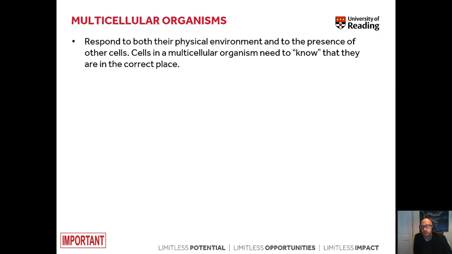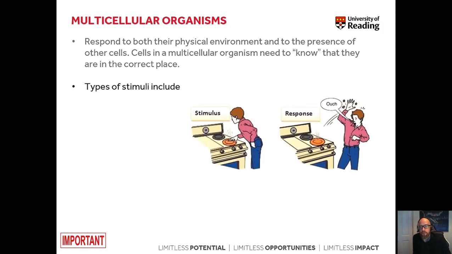So multicellular organisms respond to both the physical environment and also to the presence of other cells. The cells within such multicellular organisms need to know that they are in the correct place, and this is the first piece of information. And the types of stimuli our cells are able to respond to are, for example, growth factors, cell matrix contact, hormones. We can have light.